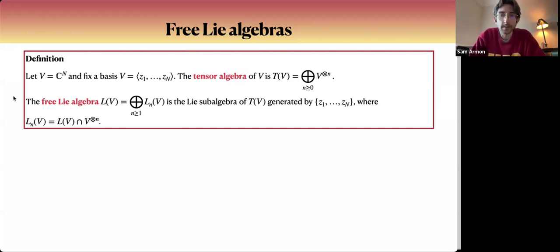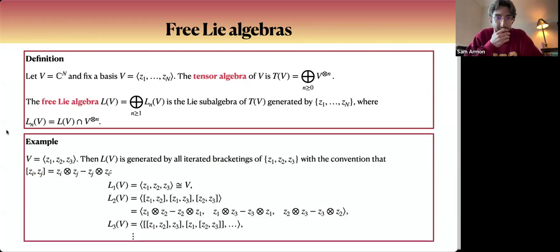Inside the tensor algebra, I can form the free Lie algebra. The way I do this is I take the basis I fixed before, and take the least subalgebra of the tensor algebra that's generated by this basis. What this means, hopefully an example will paint a better picture. If capital N equals 3, I fix a basis for my vector space with 3 elements.